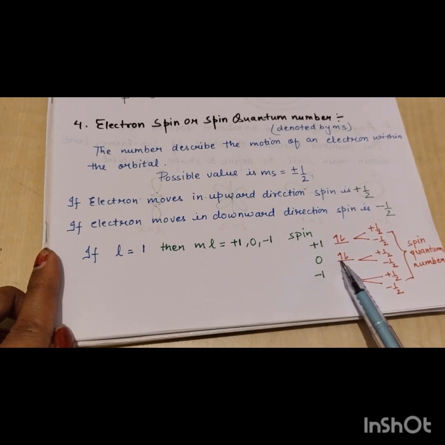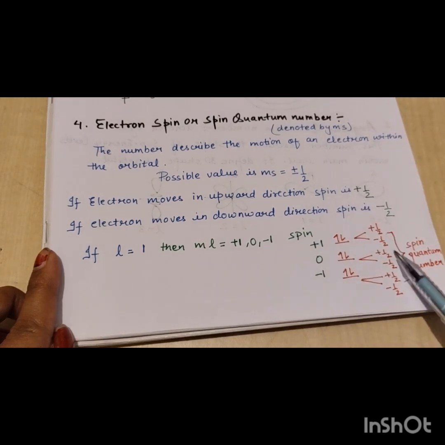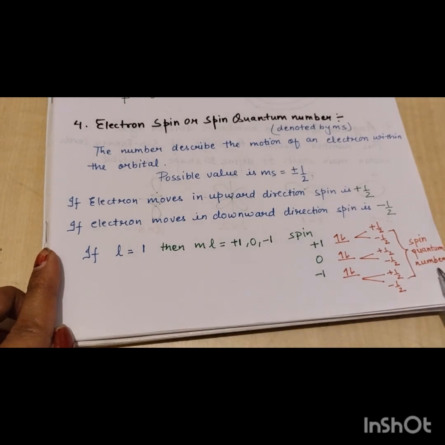Again upward represents plus half, downward represents minus half. So these are all spin quantum numbers.